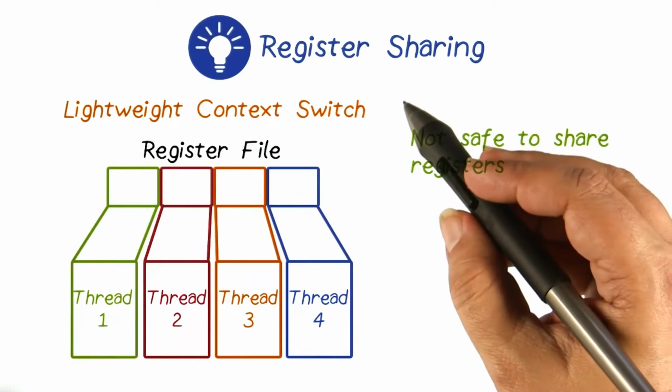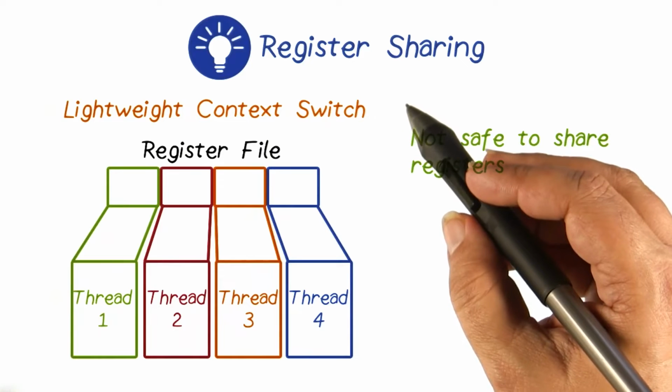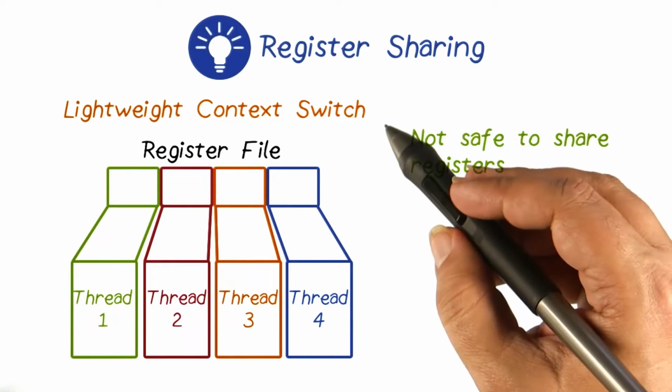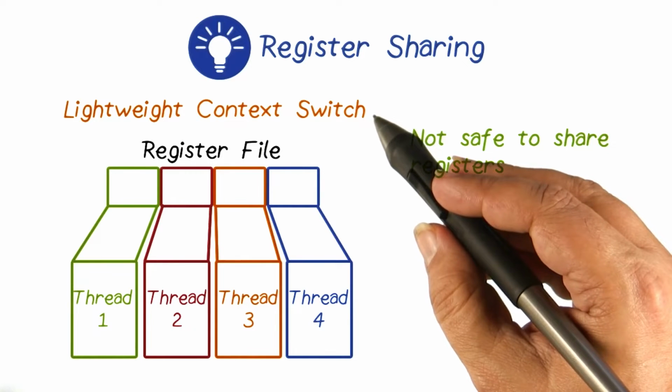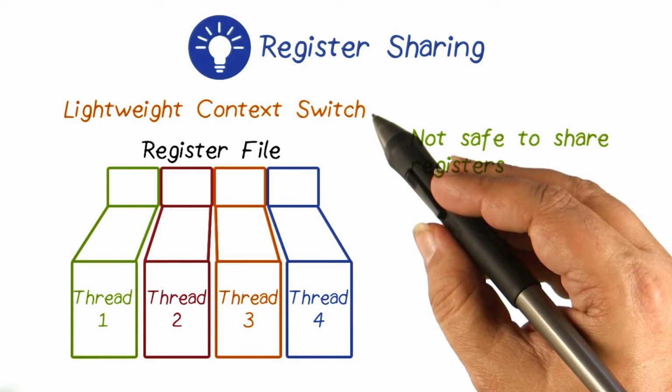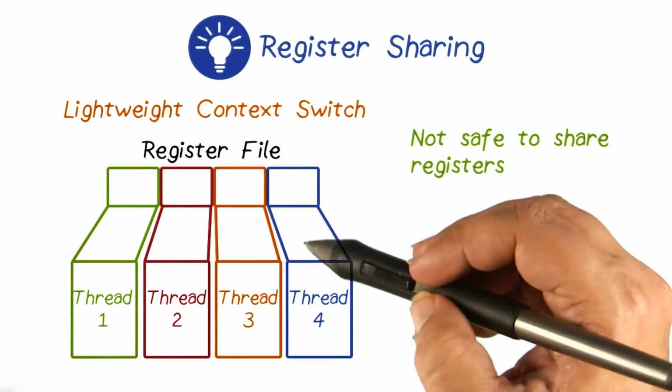On the other hand, let us see how a solution which relies on sharing registers would work. Remember, the context switch is very light in our network processors. What it means is only the PC register is saved, but the contents of other registers which hold the data are not really saved.